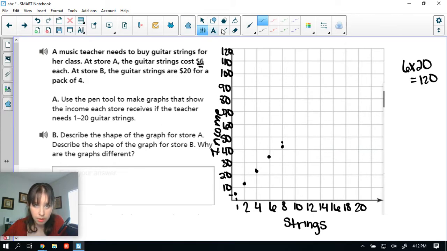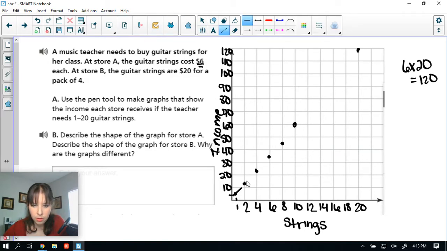No, actually a little bit higher up. I was a little off there. And what we're noticing is that we're starting to develop this line to where when we're at 20, I'm going to be here at 120. 10 will be at 60.